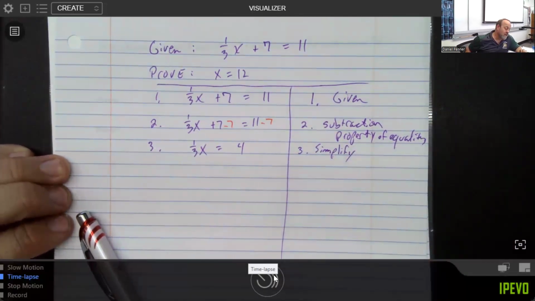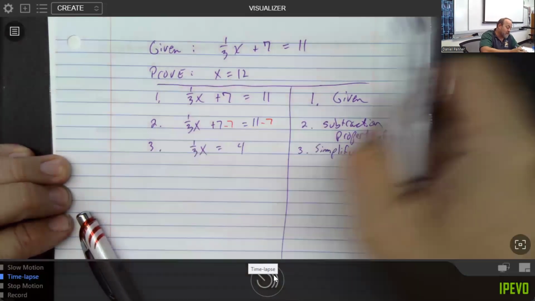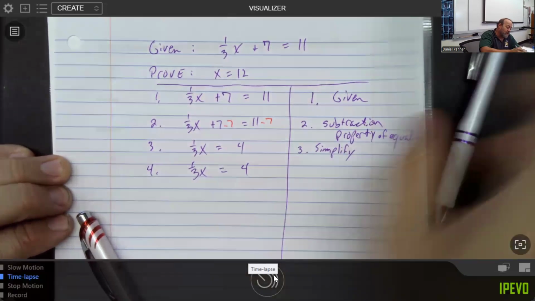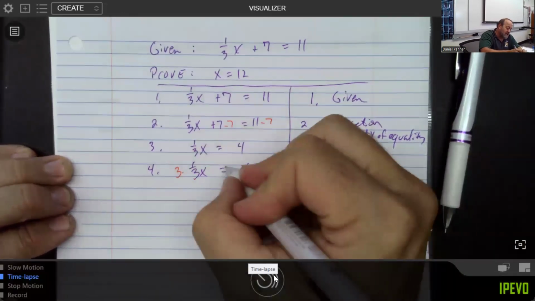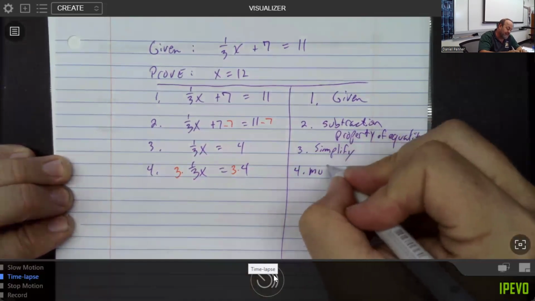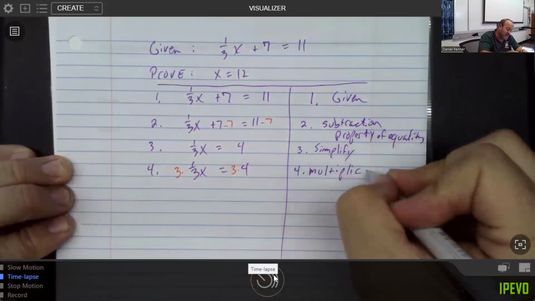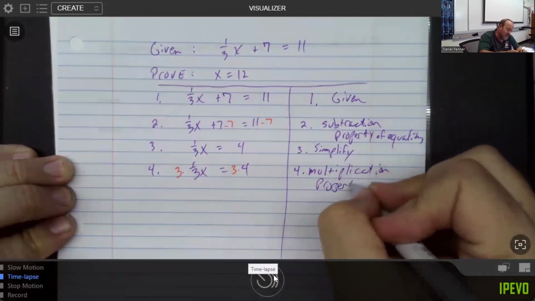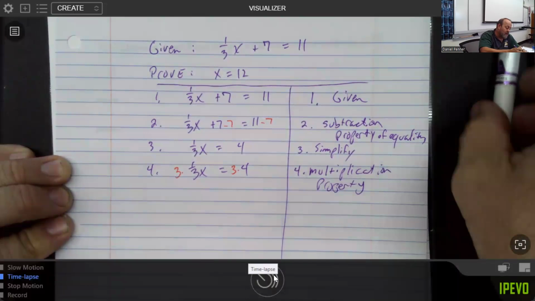Now I'm getting closer, but now what I would want to do is I would want to probably multiply both sides by 3. So that's what I'm going to do in this next step. If we are right here and we chose to multiply both sides by 3, we would call that the multiplication property. Let's see if we got where we wanted to go.